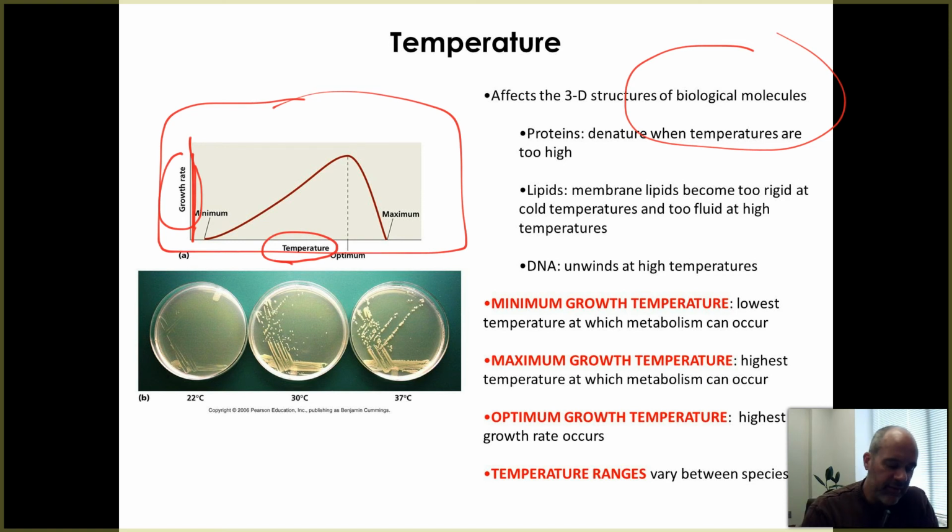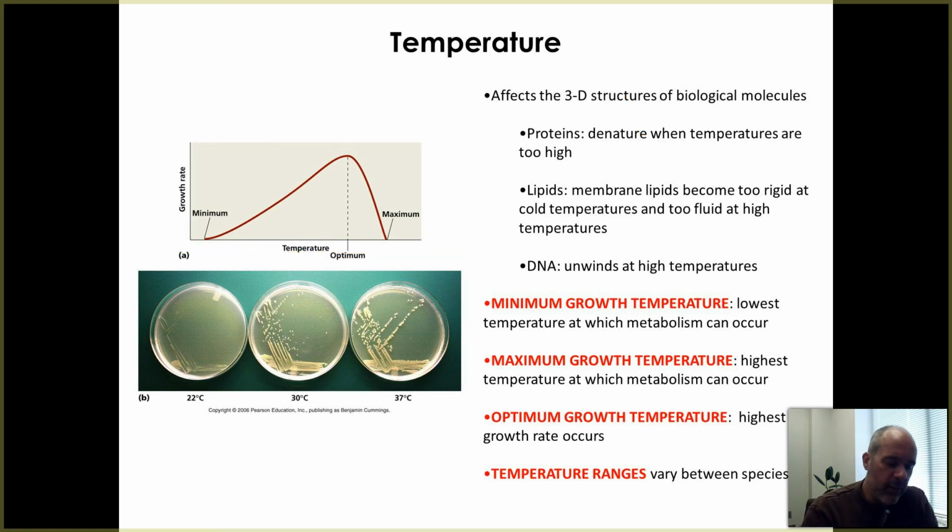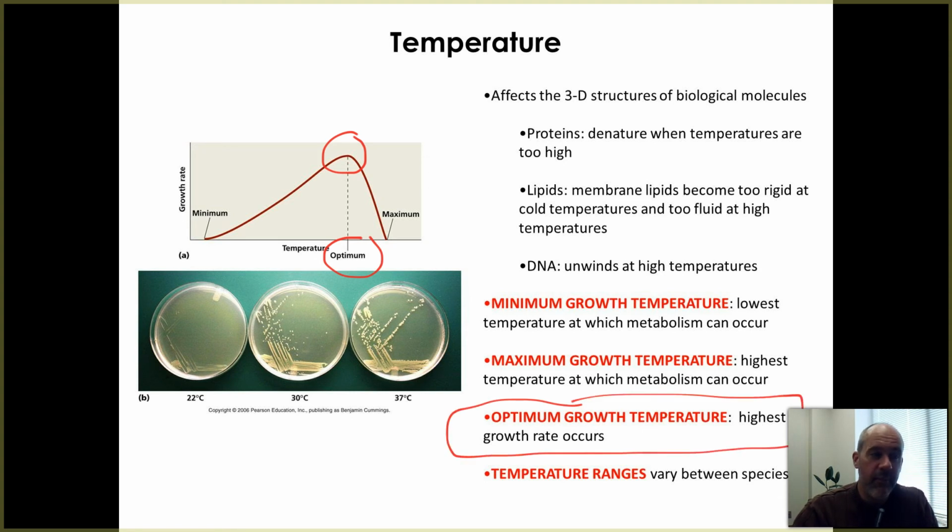All right, so if you notice, at some point the growth rate for the organism is going to be optimal. That's the optimum growth temperature over here. So if you're thinking about bacteria on a petri dish, the colonies are going to increase in size at the fastest rate if you're at the optimal growth temperature.